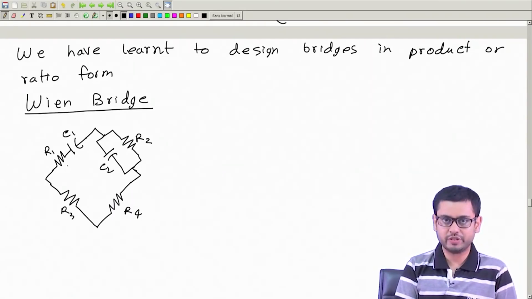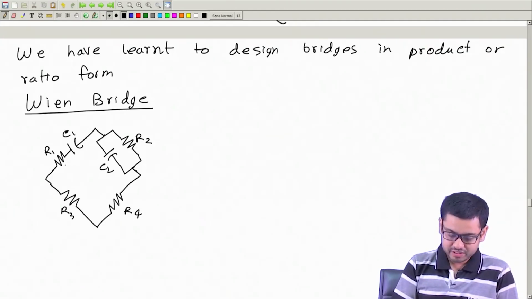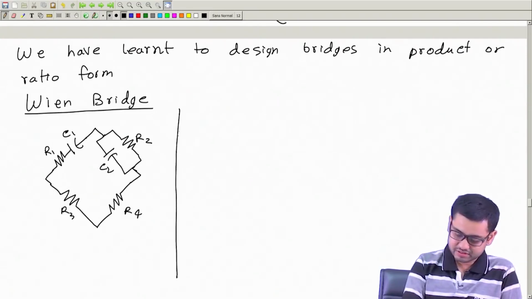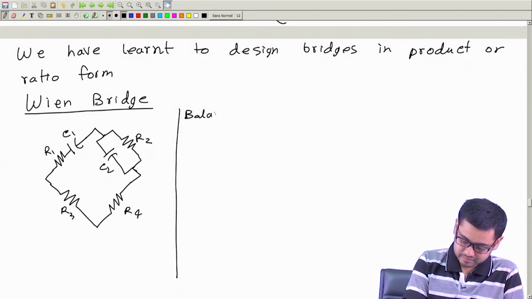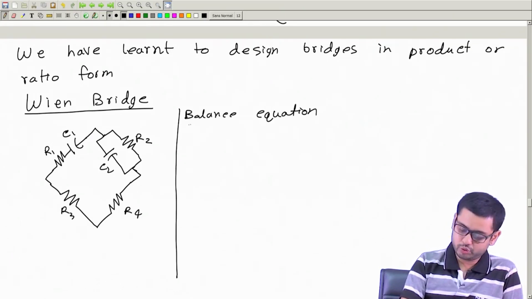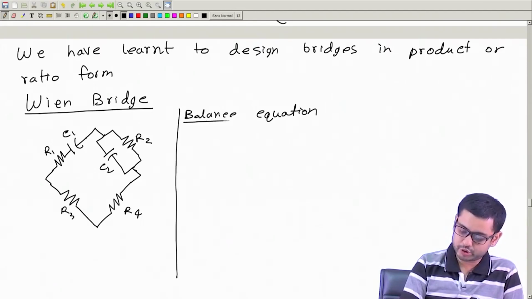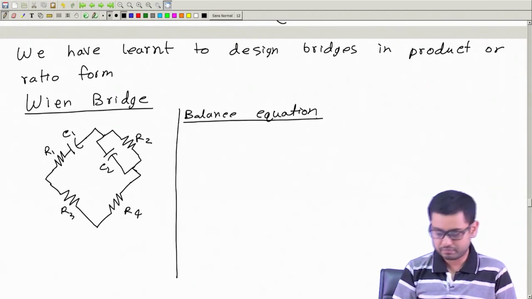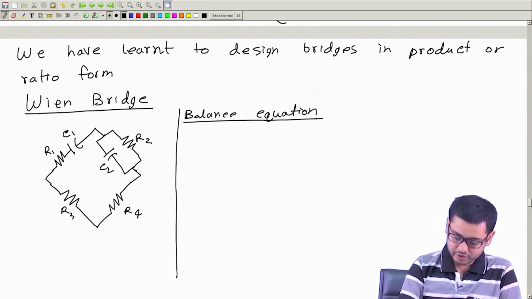Balance equation is not going to be very simple. Okay. This bridge, this is a peculiar bridge which is called Wien bridge. So, let us see the balance equation. I urge you, I request you that you try to derive it yourself by pausing the video and match the answer with me later. Okay.